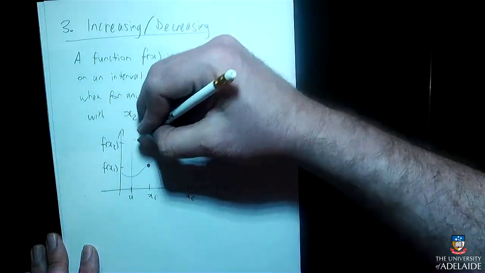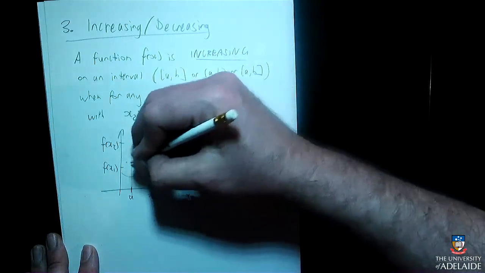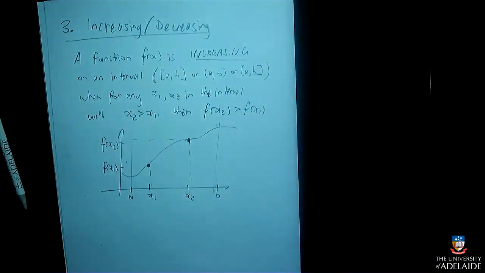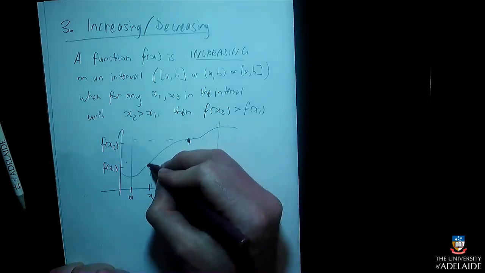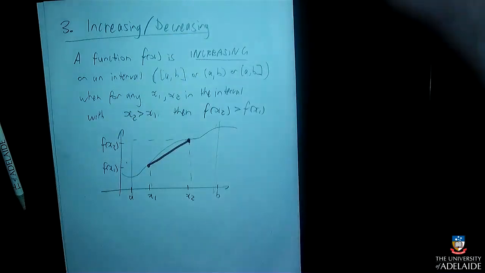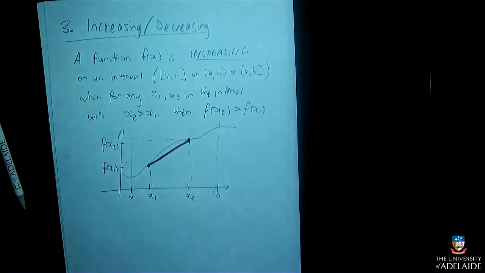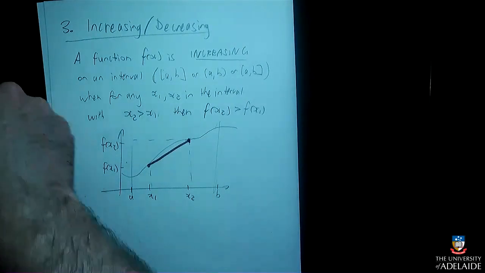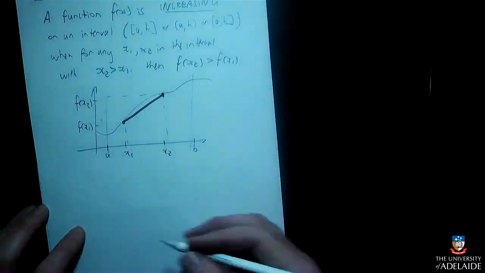And there's f of x2 there. And the function is increasing when it goes up from one point to another. That's what it looks like. So this line might cross the curve, it might do any number of different things, but it just goes up.